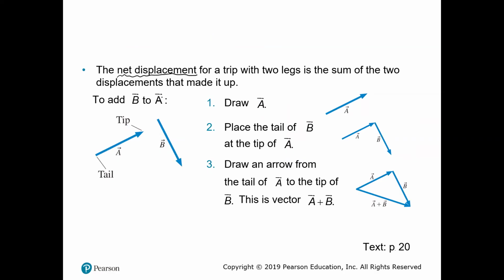So this is about adding two vectors. Let's say the first vector is moving to the east, and the second vector is moving to the north. It's like you start from your origin, move to the right one step, and then move up another step.